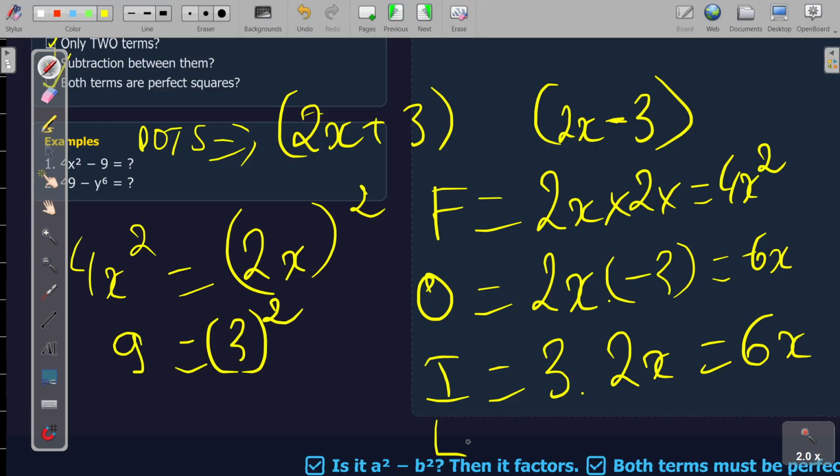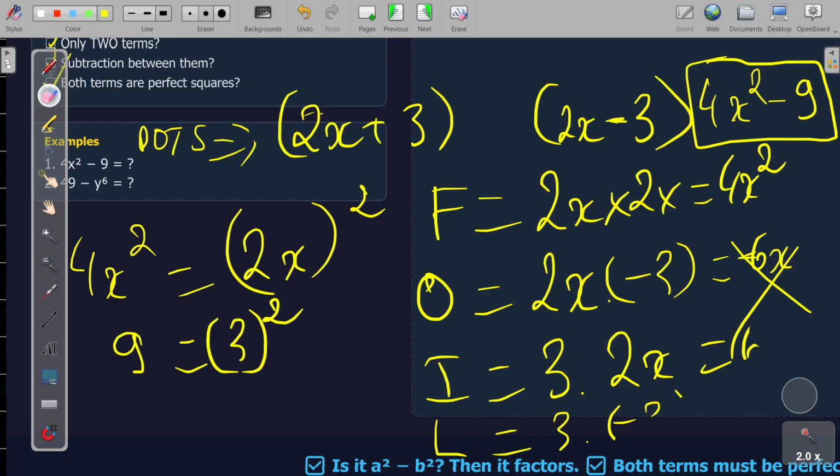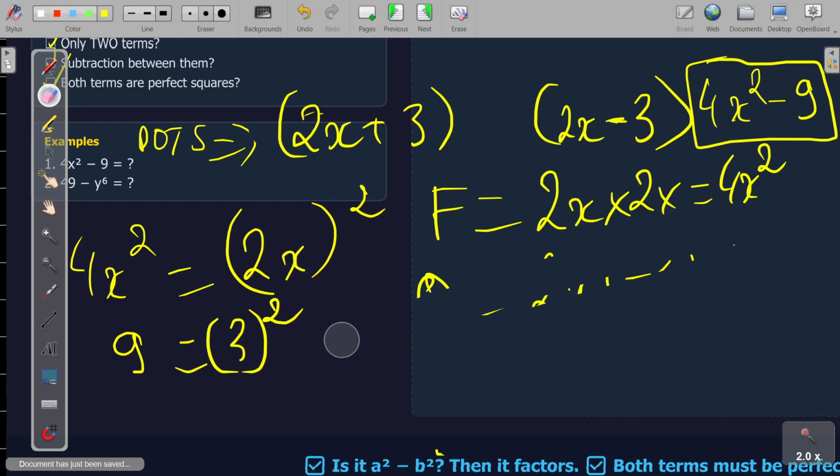Our L, the last, is 3 multiplied by minus 3, which is minus 9. These cancel each other out because they only differ in sign, negative and positive, and we are left with 4x squared minus 9 right here. That's it.